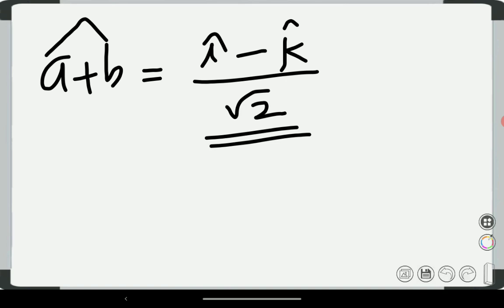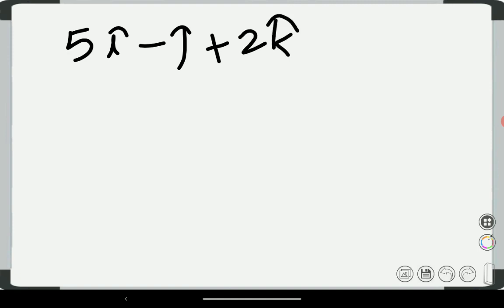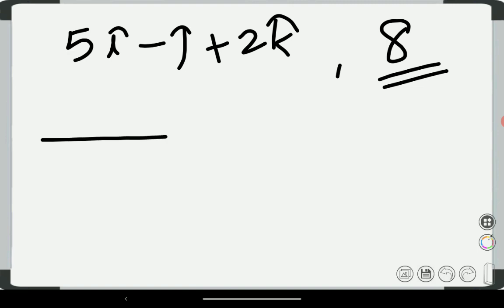Then question number 10. Write a vector in the direction of the vector 5i minus j plus 2k, which has magnitude 8 units. Means we have been given a vector.